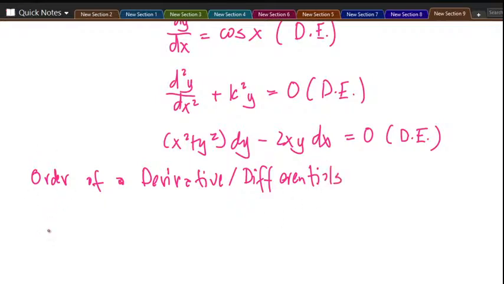Okay, so for example, we have a differential dy dx, or we could also call this one y prime. So this is a first order derivative.